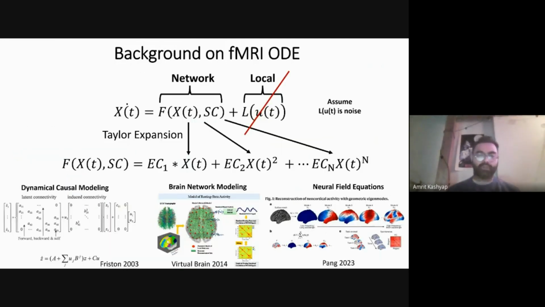In the grand scheme of fMRI modeling, where you have whole brain scope and very slow activity, the two main popular camps are, first, the neural field equation, which takes the T1 image, estimates the surface of the cortex, and then estimates the eigenvalues in the surface, and uses a linear combination of them to simulate fMRI signal.